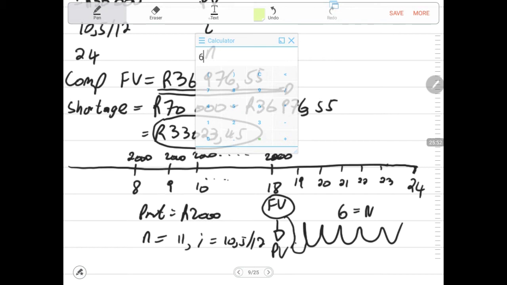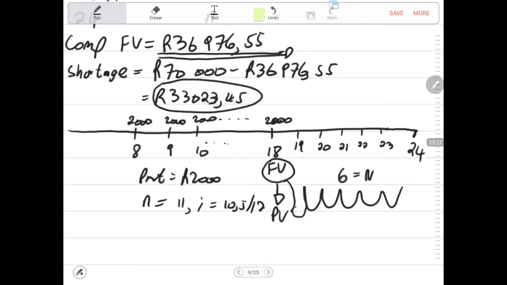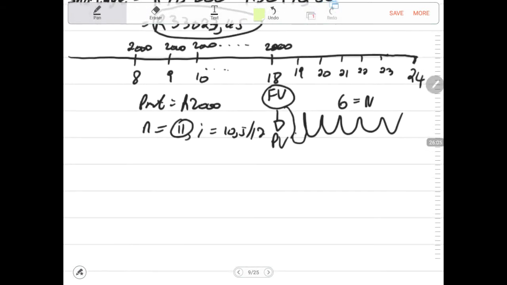So now our focus first of all is to calculate the future value of the monthly payments from month number 8 up until month number 18, which is 11 payments of 2,000. So we say: compute future value of the PMT at month 18. That will be your heading if you want.